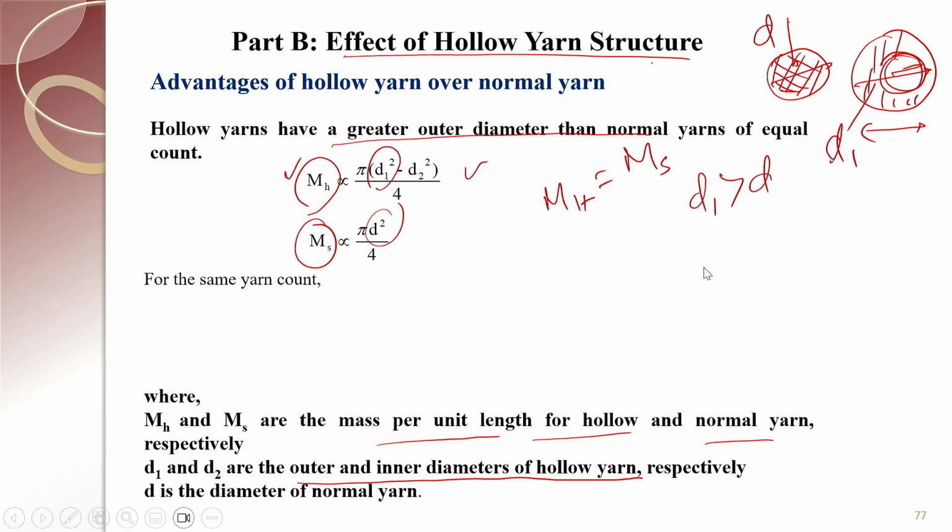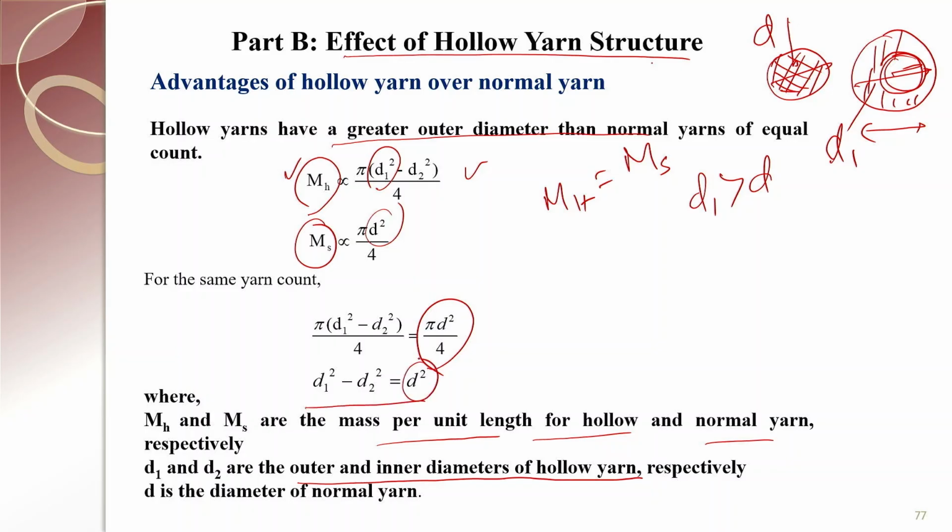So, for the same count, that means MH equal to MS, pi (d1 square minus d2 square) by 4 equal to pi d square by 4. So, from this equation, d1 square minus d2 square equal to d square.